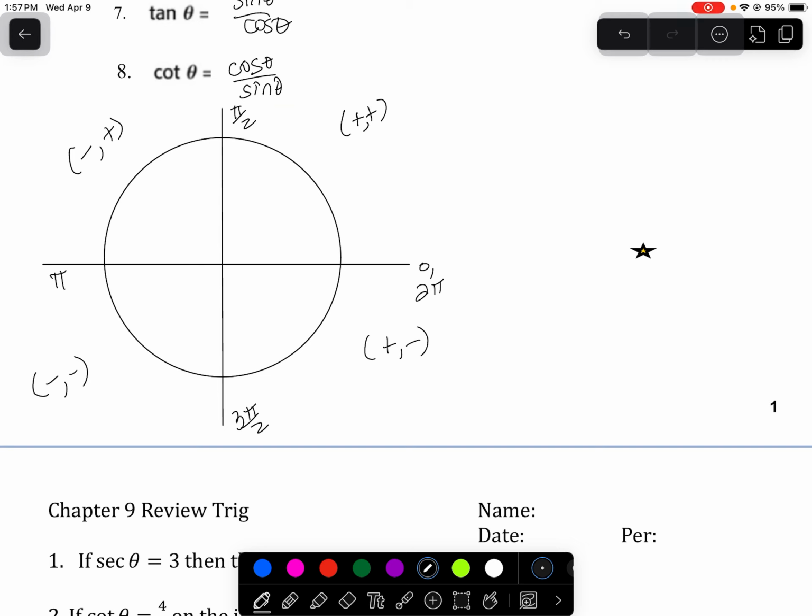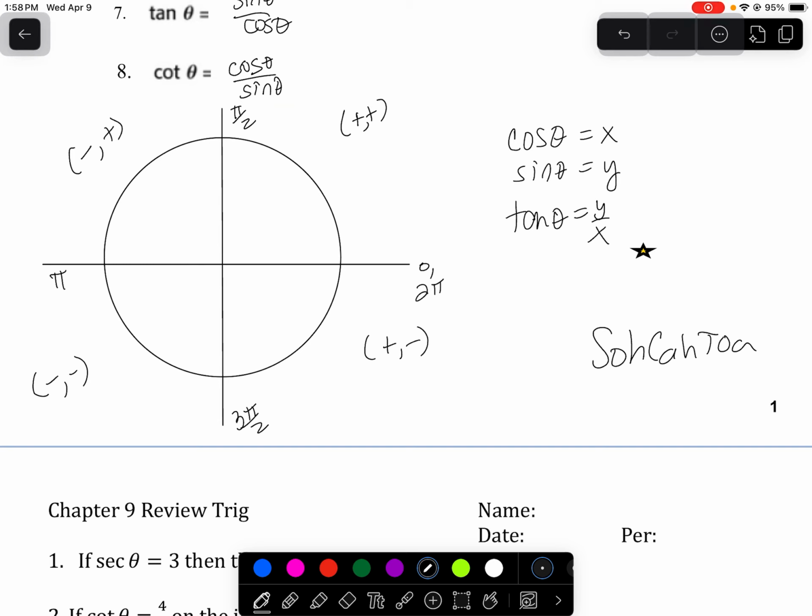Remember that the cosine is your x, the sine is your y, and tangent is y over x. And that only works for the unit circle. Otherwise, you're going to build a triangle and do SOHCAHTOA. So some ones to remember.